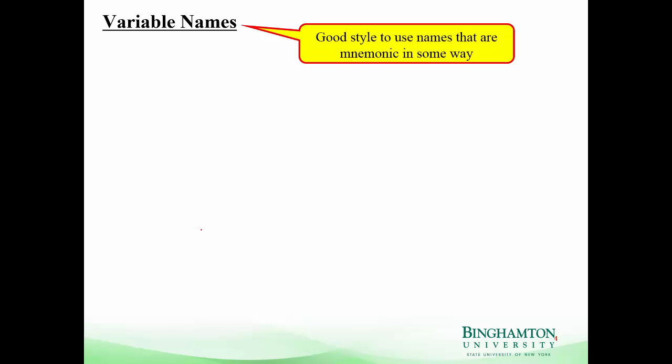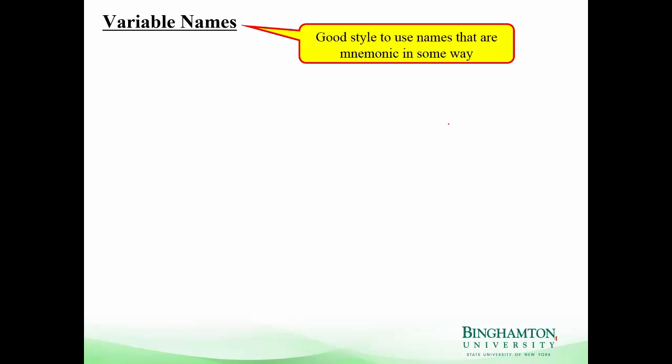Variable names, I already alluded to the fact that there are some rules, but very few restrictions on them. Just good style is to use names that make sense. You don't want to just litter your code with things like X, Y, Z, unless those make sense.